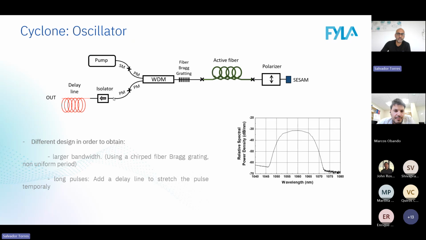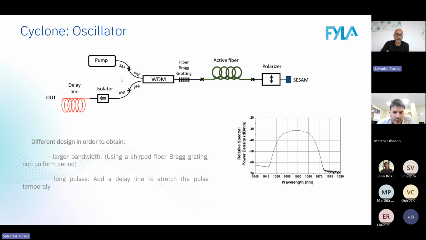In this case, it's intended to have a broader spectral pulse. The reason is to later use a delay line, here at the output, to temporally disperse the pulse. And the broader the oscillator bandwidth is, the longer the temporal duration will be, using the same length of dispersing fiber.